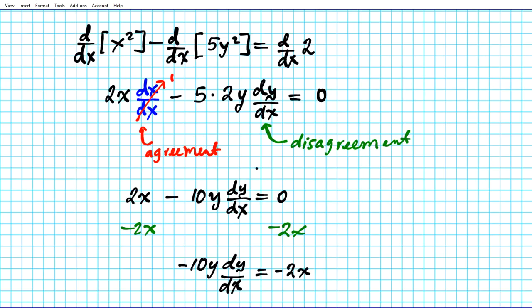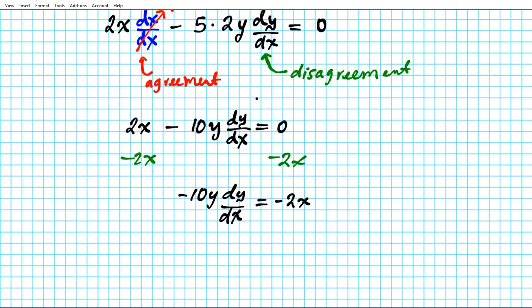And then to finish things off, we'll just divide by the coefficient of dy dx, which is negative 10y. Apply that to both sides. And your final answer, dy dx, is going to be x over 5y.